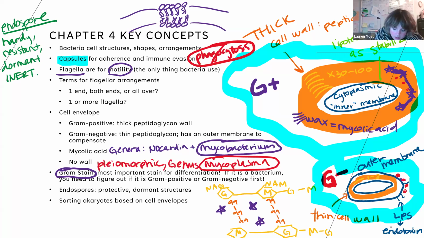Some genera of bacteria that can do this will have Bacillus as part of their first name. So even Lactobacillus, for example, if Bacillus is in their first name, the genus, then they can make endospores. Or if they have Clostridium, or a subset of Clostridium, which is Clostridioides.